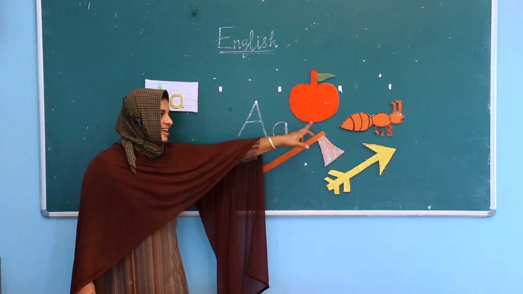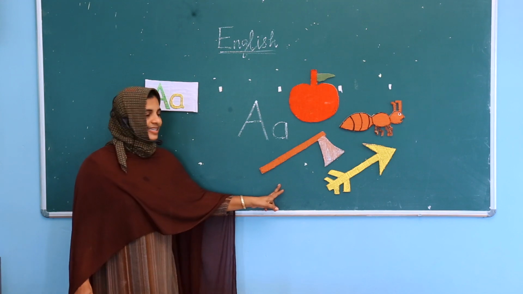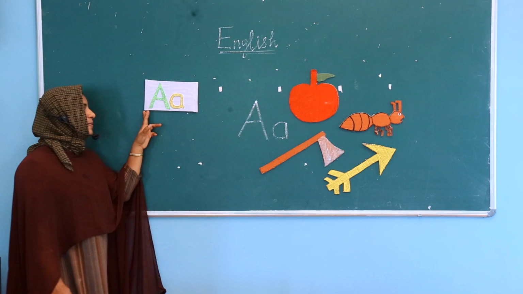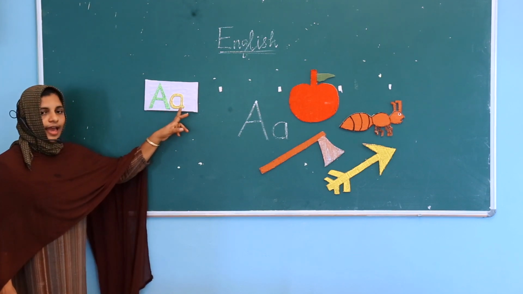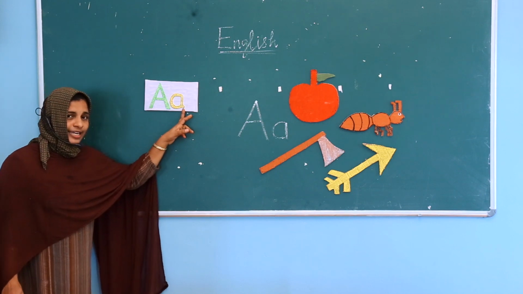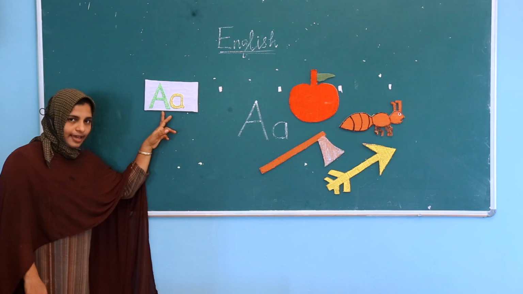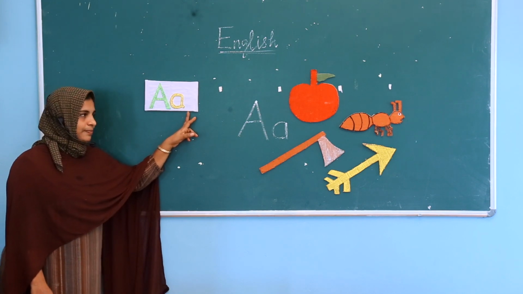Apple, ant, axe, arrow. This is capital letter A and small letter A. Capital letter A, small letter A.